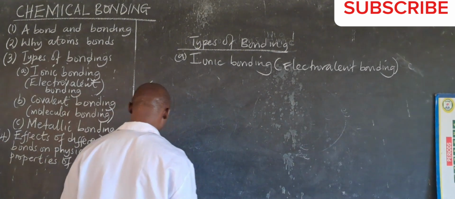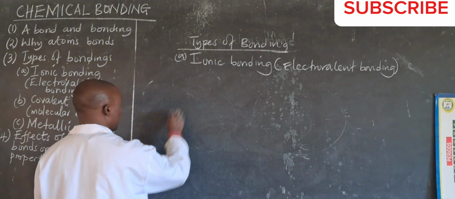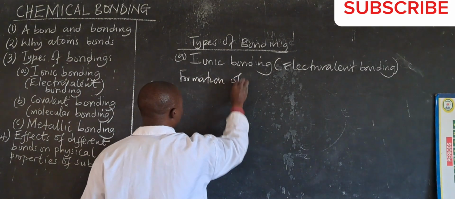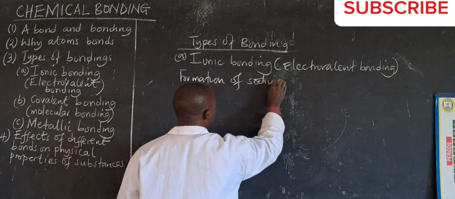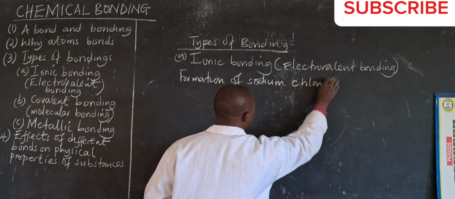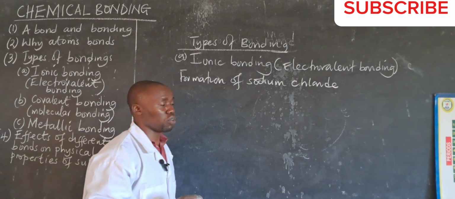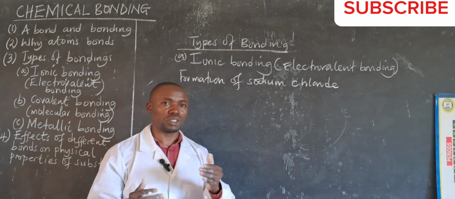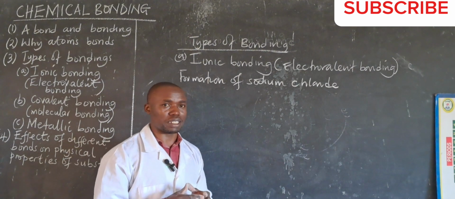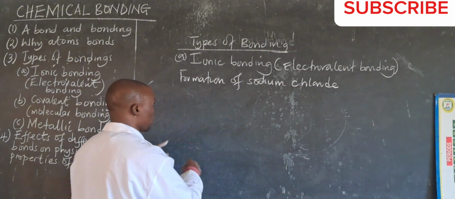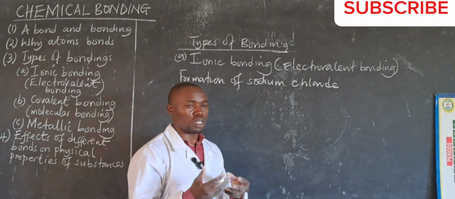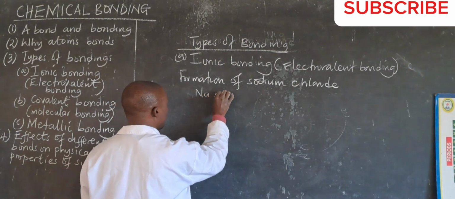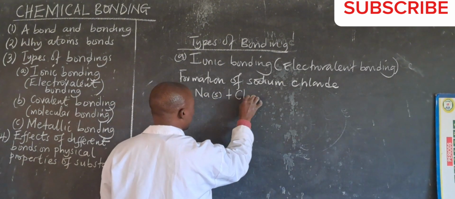Let's look at, for example, the formation of sodium chloride in explaining this type of bonding. We say sodium chloride is formed in a chemical reaction between sodium metal and chlorine gas. Now, we are not going to show the equations because we are not interested in the equations, but rather in what actually takes place.